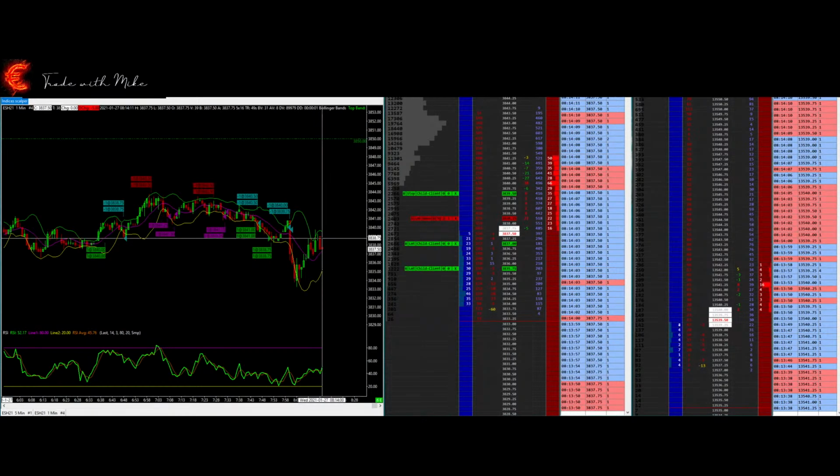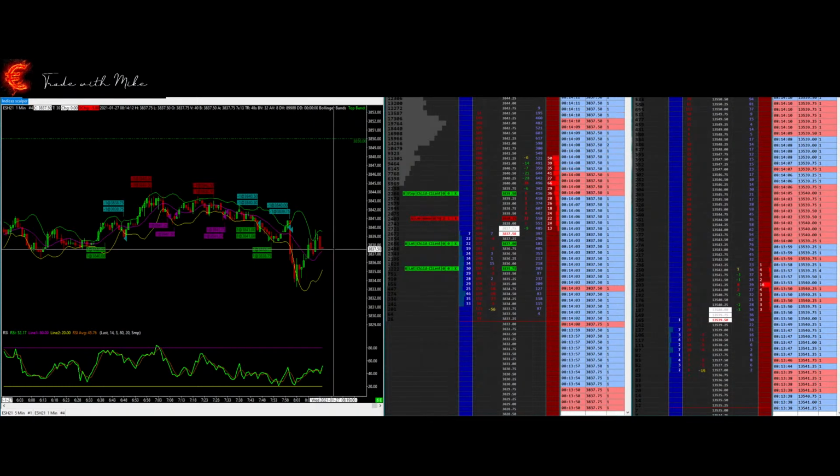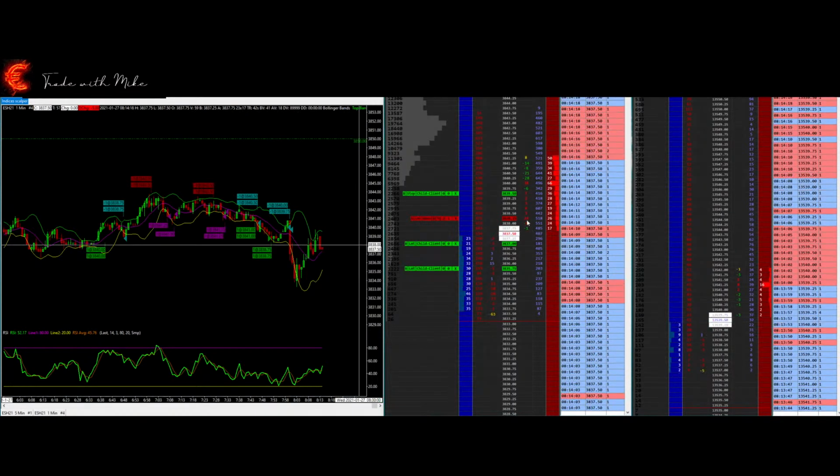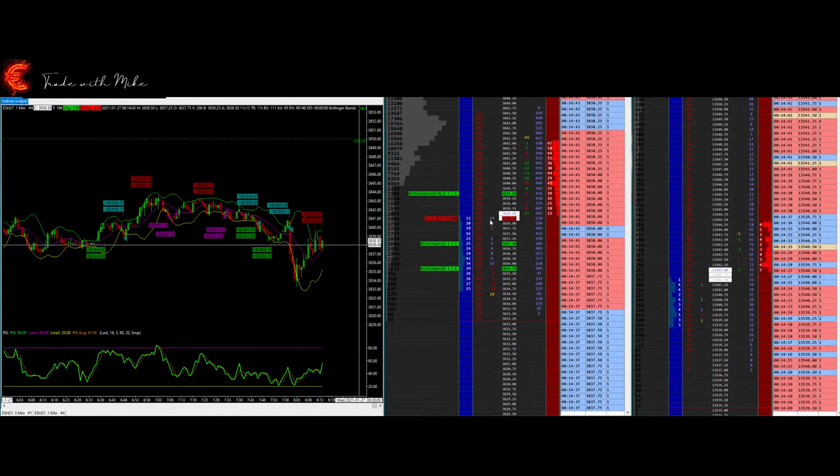Nice drop for a quick scalp. See here, they're adding shorts. Okay, let's see. Still didn't get filled. One, two, three, boom, I'm in.